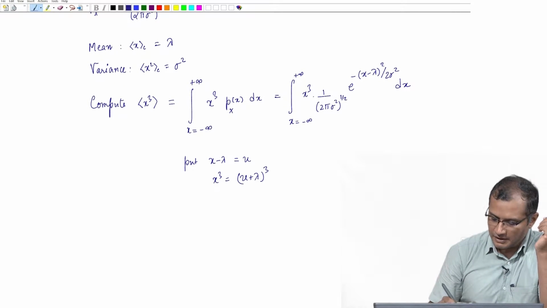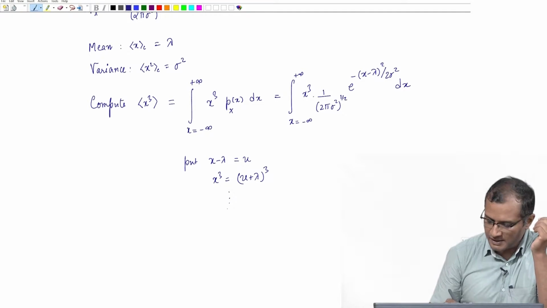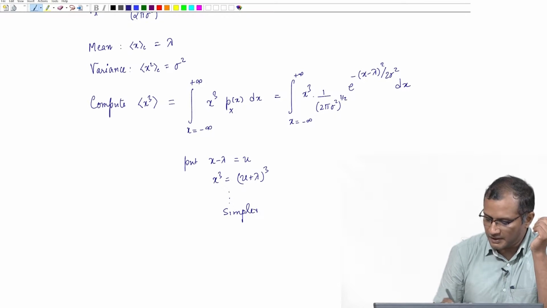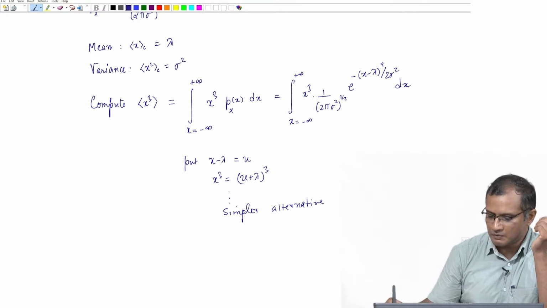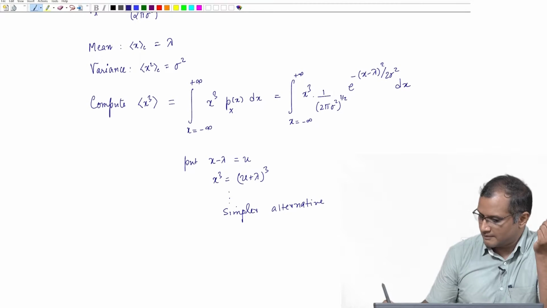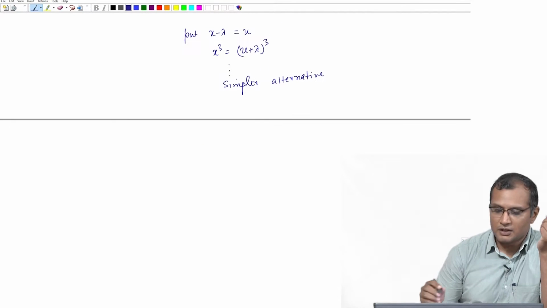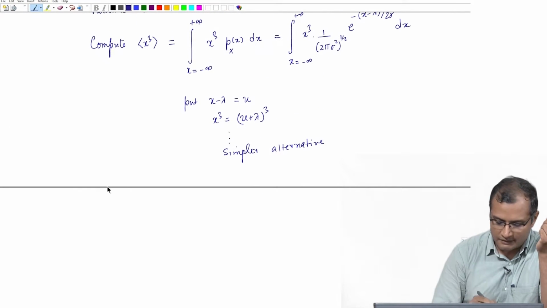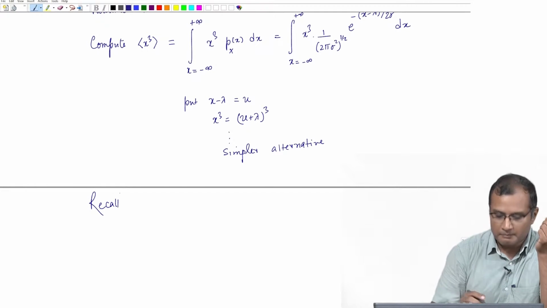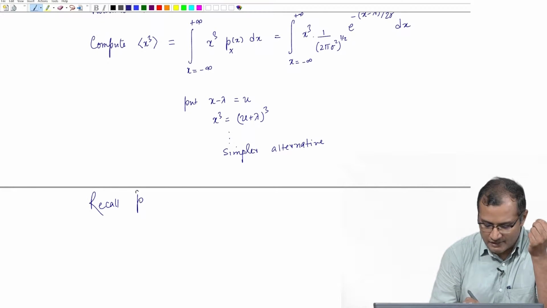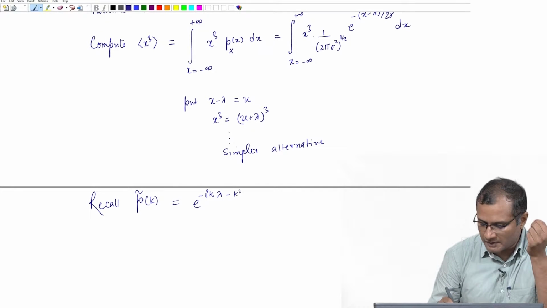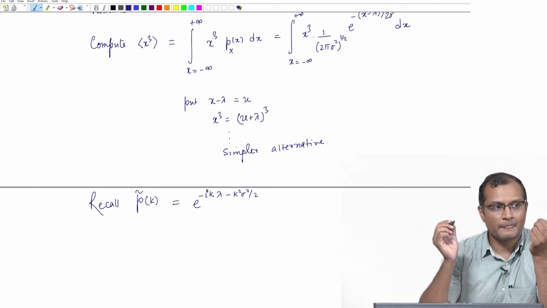The other way, and I will say a simpler method or a simpler alternative, is to basically use the characteristic functions. So, you can recall that the Gaussian PDF had the characteristic function given as e to the power minus i k lambda minus k square sigma square by 2, right.